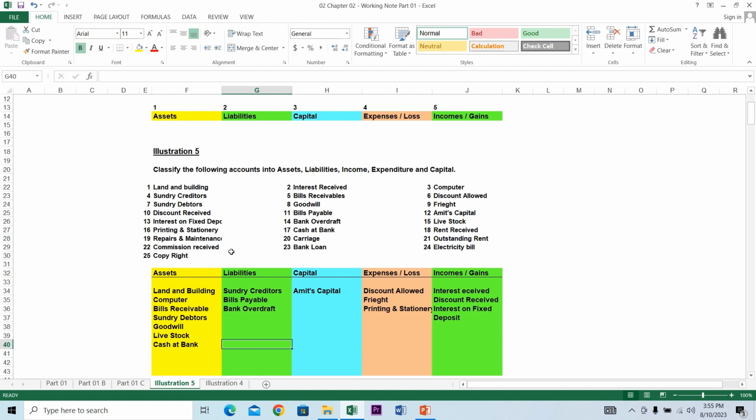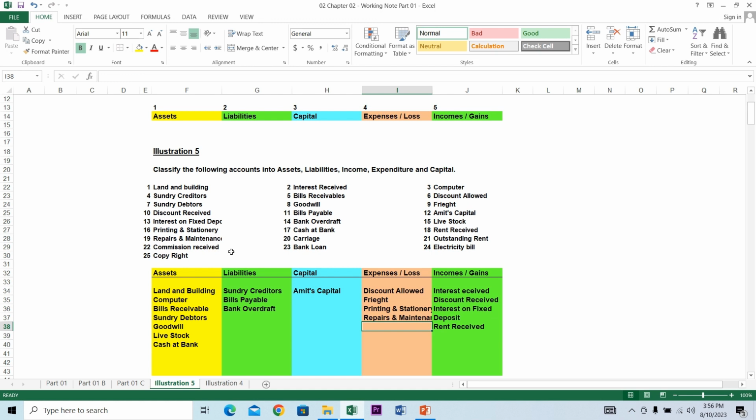Then rent received. Rent received is an income. Rent paid is an expenditure. Rent received is an income. Then repairs and maintenance is an expenditure.